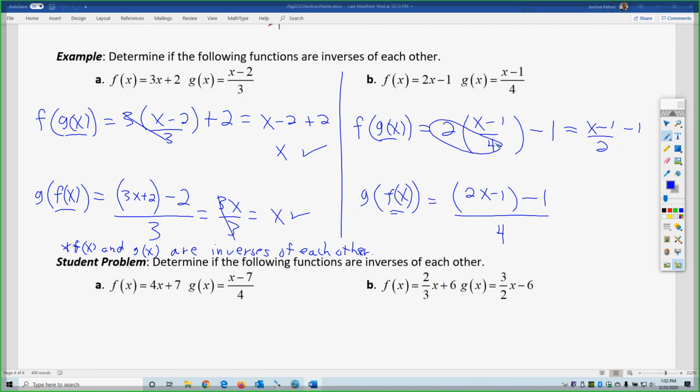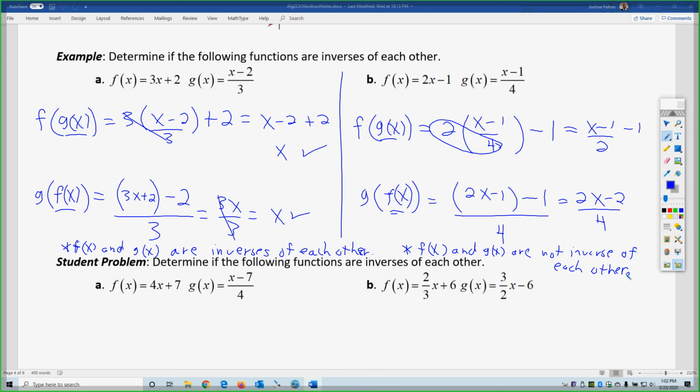But that doesn't cancel. And then here I'm going to be left with (2x minus 2) over 4, which also doesn't cancel. So therefore here, f of x and g of x are not inverses of each other. So they would not undo each other. If you're doing a program to do coupons or discounts, it would not undo the discount as a result, or undo the coupon, whatever the case may be.